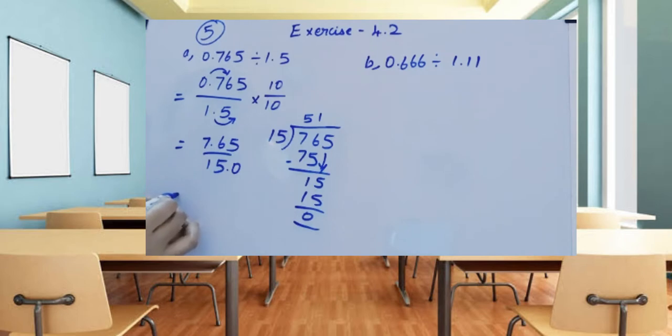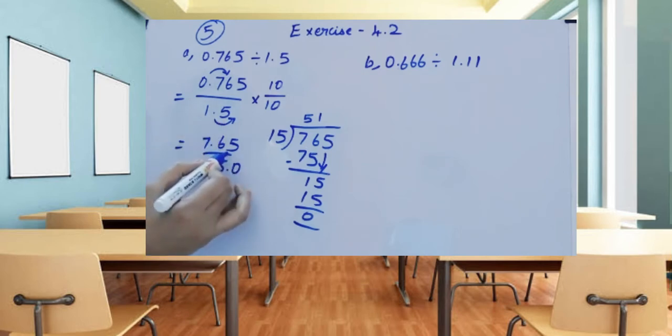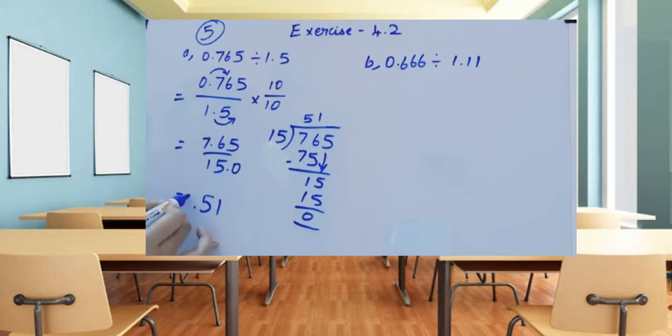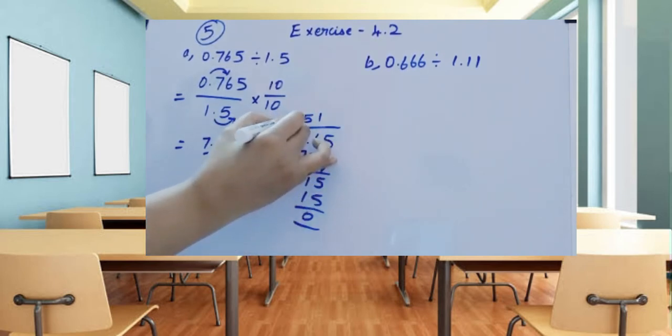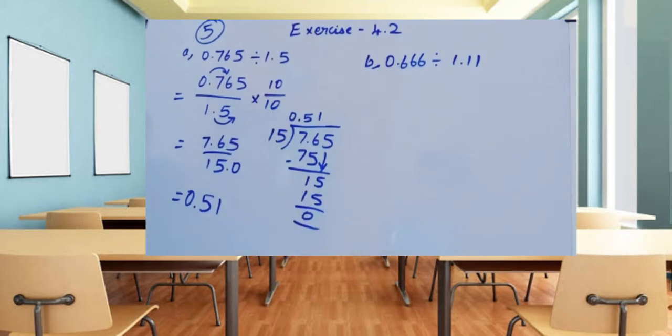So the answer is 51. Here the decimal point is after two digits in 7.65, so we keep the decimal point after two digits. The answer is 0.51.